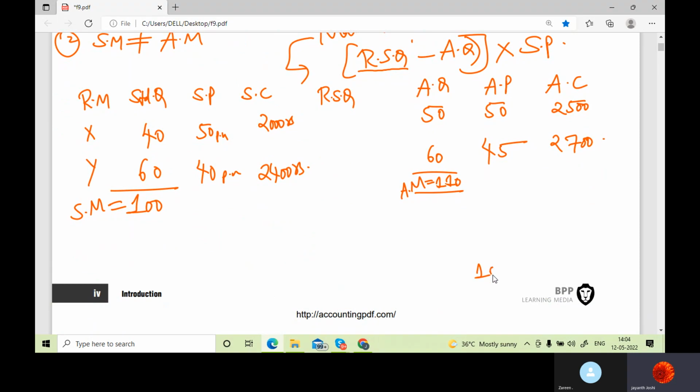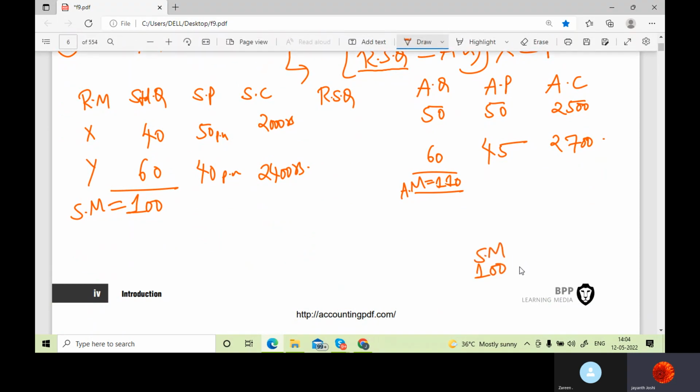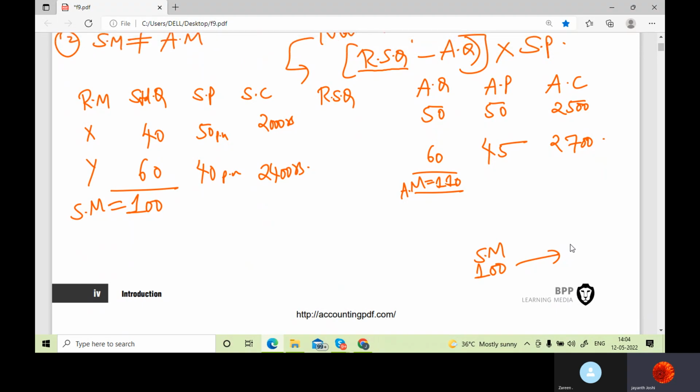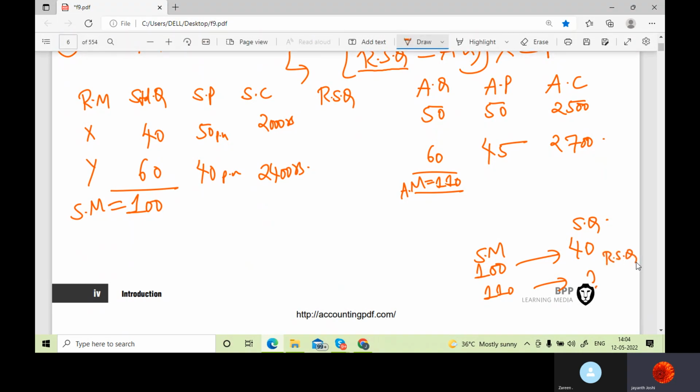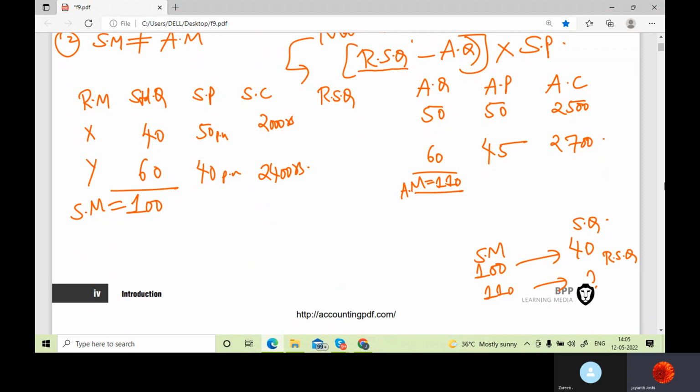For this much standard mix, if the material or the input is 40 units of X, for this much standard mix, if the standard quantity is this much, for this much actual mix, how much is the revised standard quantity? So you are finding out the standard input for actual output.